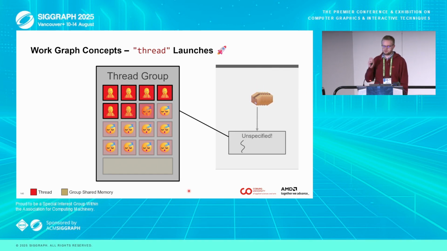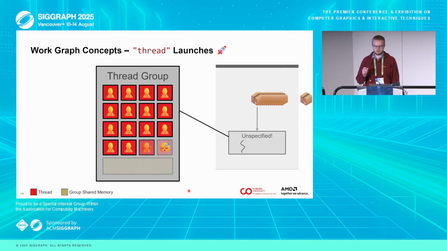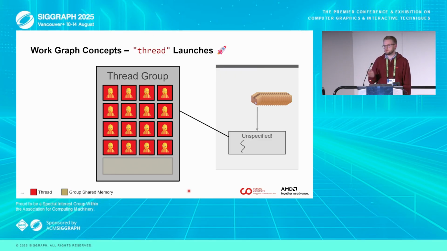GPU work graphs will try to find multiple records of the same node and cluster them together, and then try to fill a thread group or a wave or whatever. For example, it will try to find 32 threads to combine into a group. And this all happens transparent to the programmer, so you will not notice it. You can try to find out whether this is happening by using wave intrinsics, but this is undefined behavior, so have fun with that.